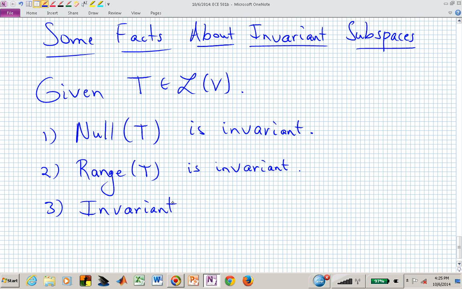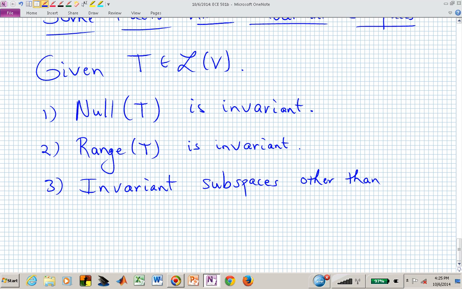But what we want to think about, those are sort of extreme invariant subspaces. Here's some even more extreme subspaces, which were actually asked about earlier with some questions. Invariant subspaces other than, what do you think I'm saying now?